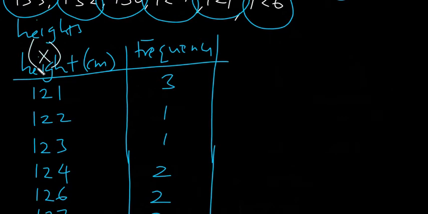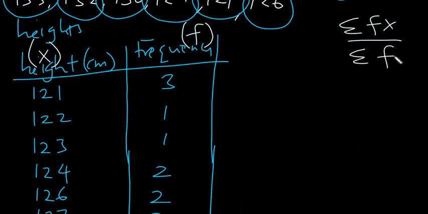We mentioned that we need to get the summation of fx. Let me abbreviate the frequency column as f. So we need the summation of the f times x column, meaning we need another column where we fill in the values of f times x, and then divide by the summation of the frequency, or the total number of figures.